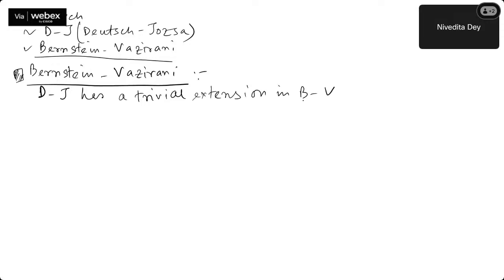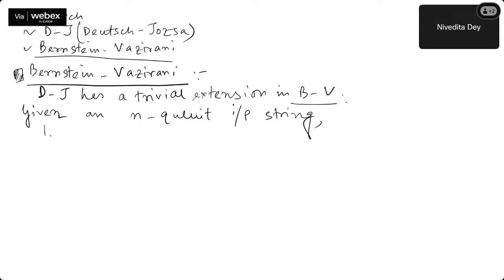Okay, so what is the problem statement? Let us see that first. Given an n-qubit input string, where x is nothing but x n minus 1, x n minus 2, ..., x1, x0.